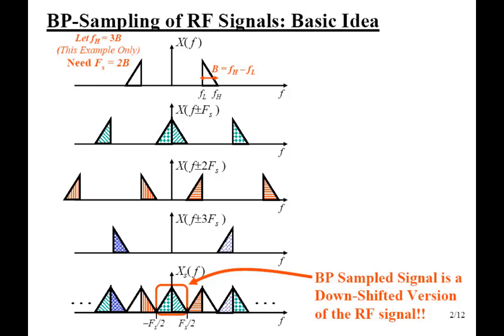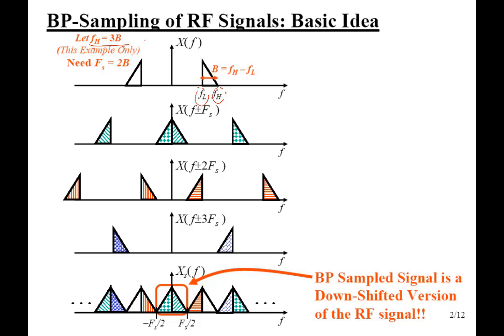Let's say we have a bandpass signal shown in this diagram, which has higher frequency equal to 3 times B, where B is the bandwidth of the signal, FL is the lower frequency, FH is the higher frequency, and FH is equal to 3 times the bandwidth, right? And let's say we sample this particular passband signal at Fs equal to 2B.